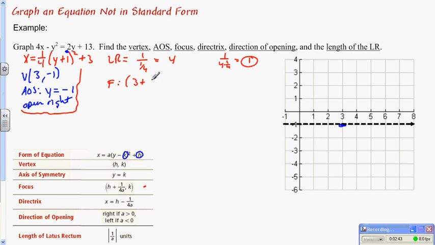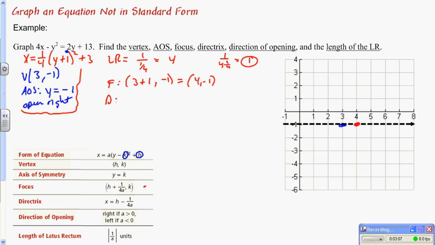So we get 3 plus 1. And k, which is in the parentheses, opposite to -1. So 4, -1. It opens to the right, and that makes sense. The focus should be to the right of the vertex then, because it's inside the parabola.